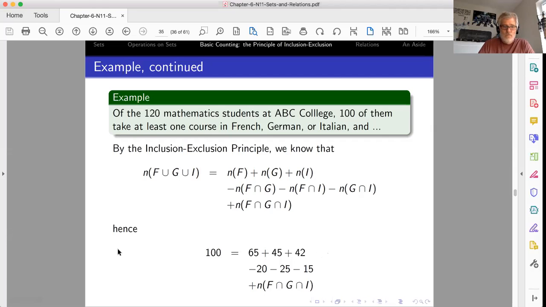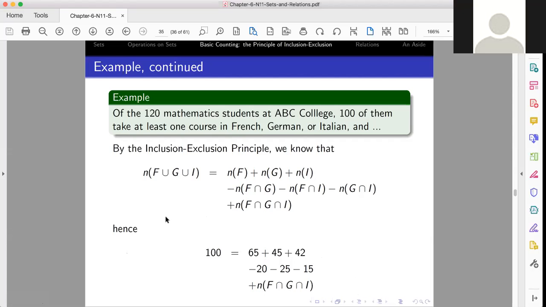Just to be sure, sir. Whenever you're given an exam with this, will we actually have the formulas given?